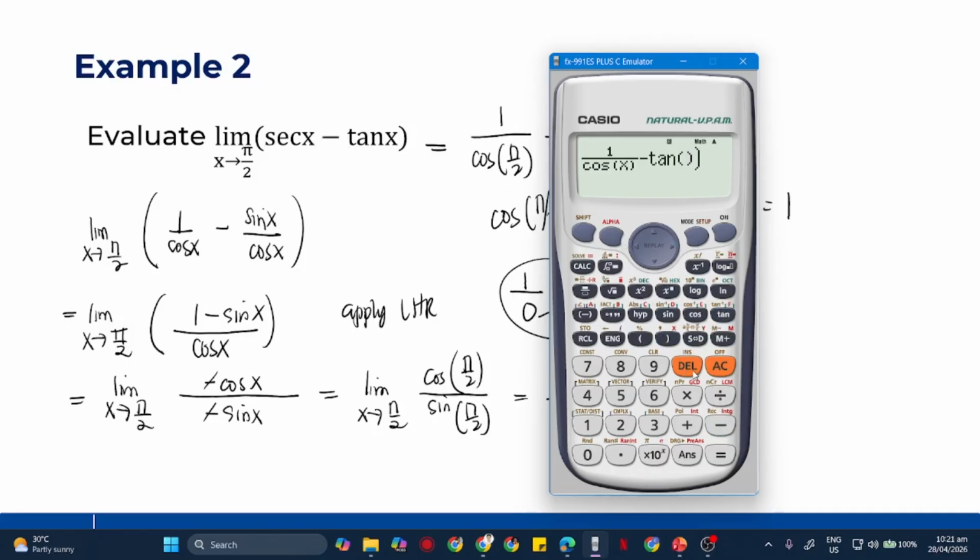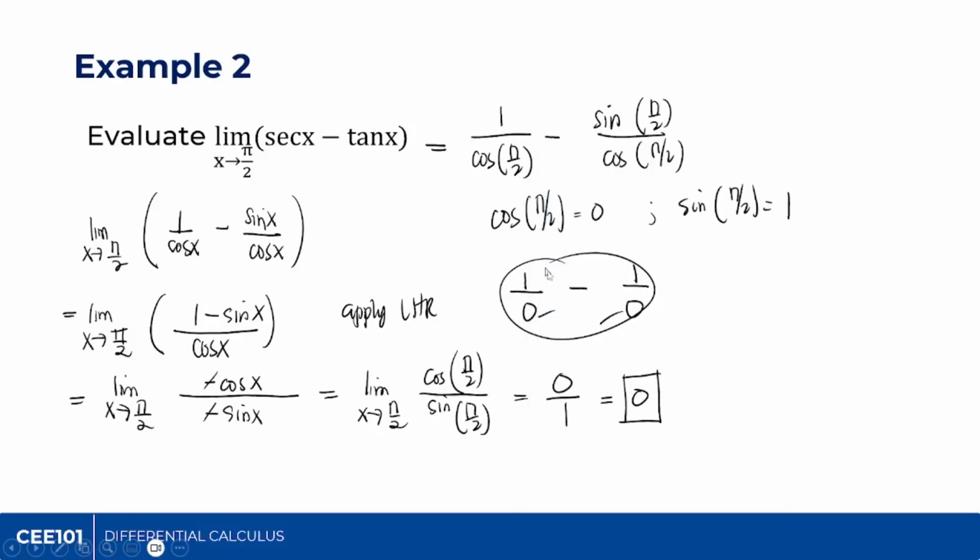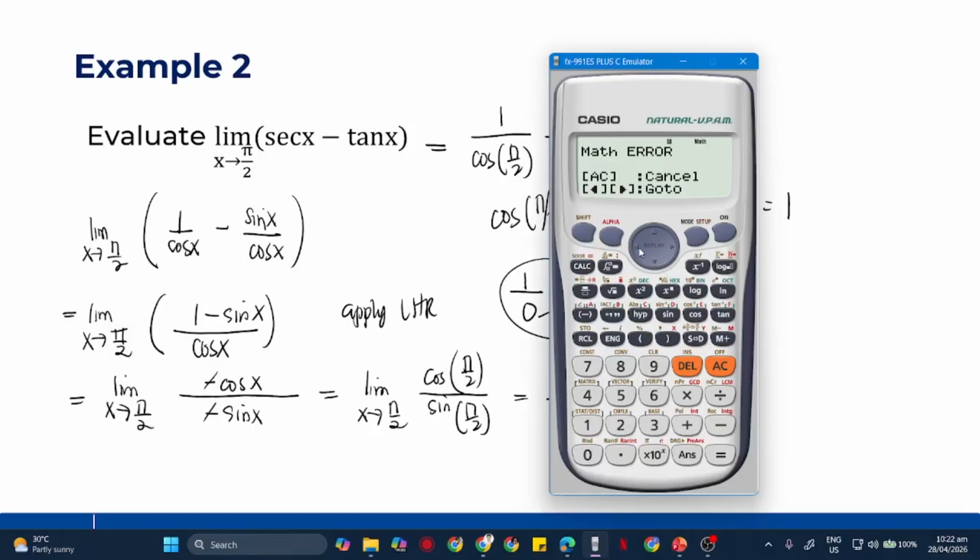Then, sabi dito, you evaluate as x approaches to pi over 2. So, yung pi over 2, calc natin yan. Di ba kapag ilagay natin dyan pi over 2, automatic magiging math error yan. Pero, kung maglagay kayo ng calc, hindi exactly pi over 2, maglalagay kayo ng 0.000 here.